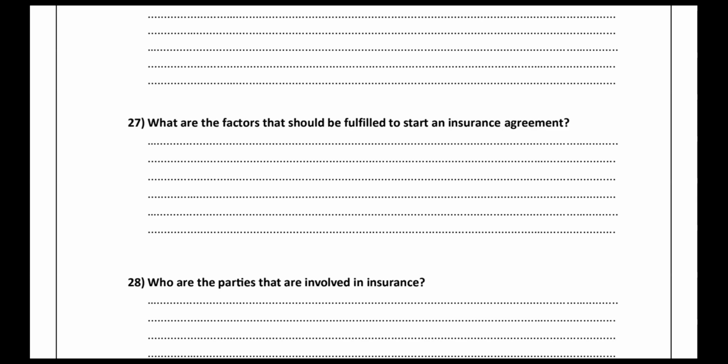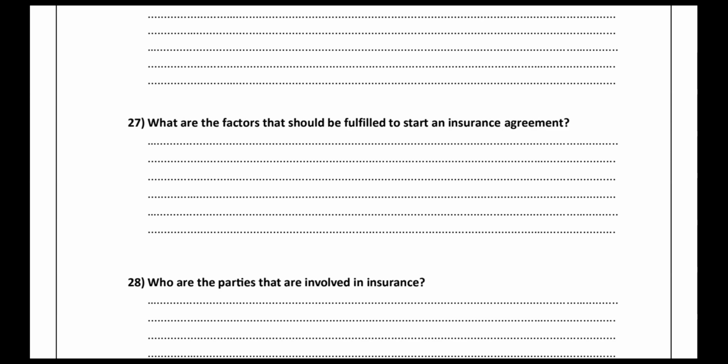Okay. So what are the factors that will be included in an insurance agreement? First thing is the information on the insured and the insurer will be there.